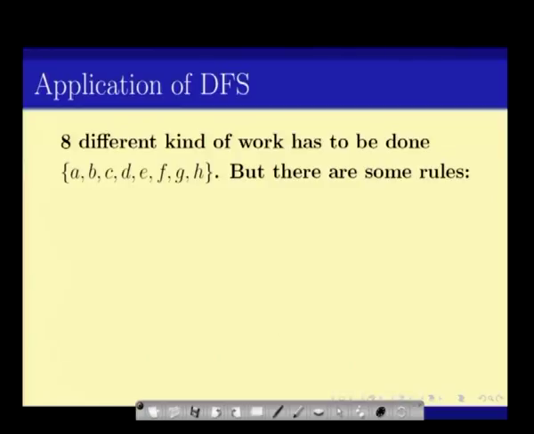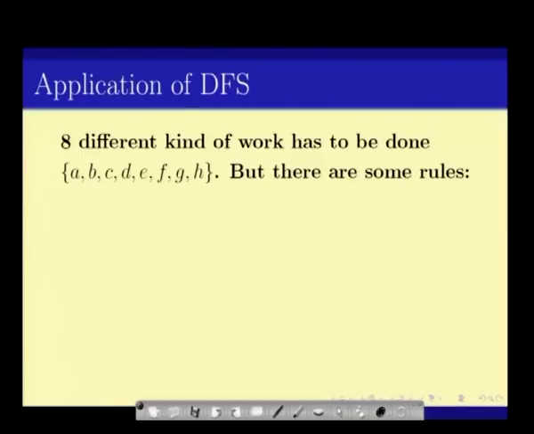They can be things of the form getting ready for office. A can be waking up, B can be brushing your teeth, C can be having your food, D can be wearing your clothes, E can be taking a bath, and so on.